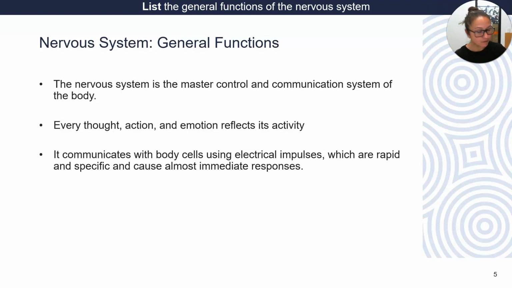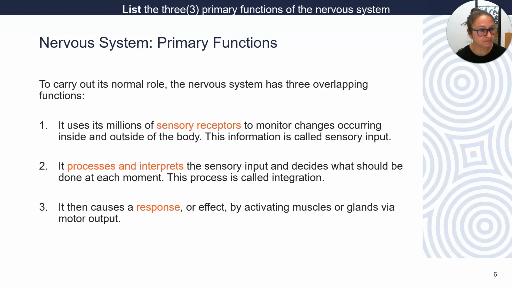Now if we look at our schedule, you can see that we've got 2 weeks for the nervous system, because it's so important. So you will see after the 2 weeks everything that the nervous system does and controls.